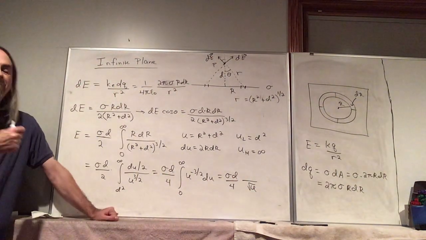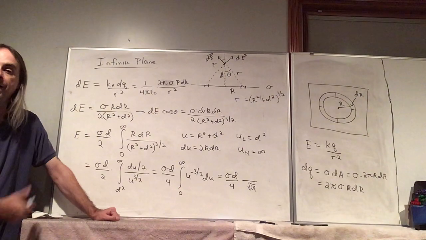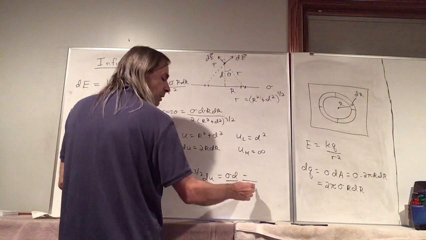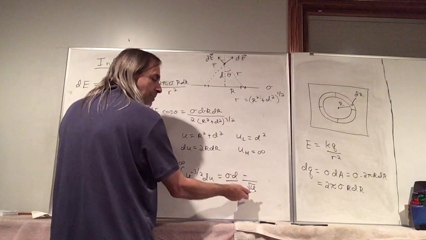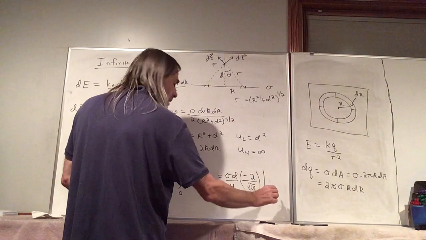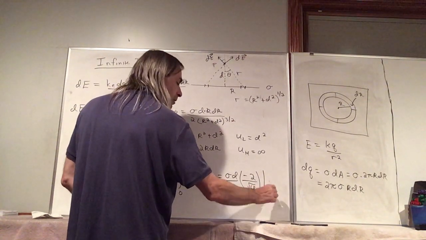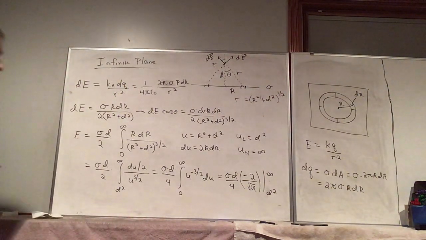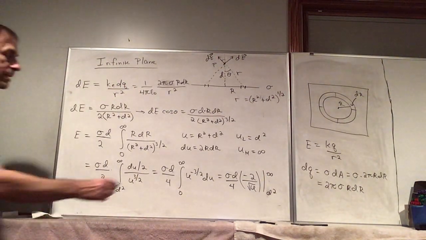So we have u to the minus 1/2 divided by minus 1/2, so we can put a minus 2 there. And we're integrating from d squared to infinity. So let's plug in our limits.